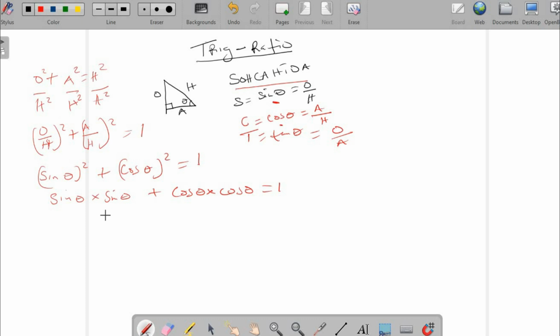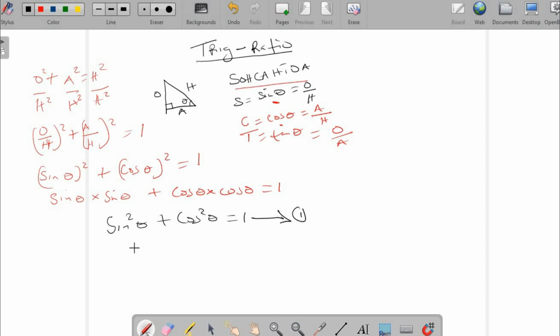Now if I write it out, it's sine squared theta plus cos squared theta is equal to 1. This is the first identity of trigonometry ratio, and this is how to prove it.